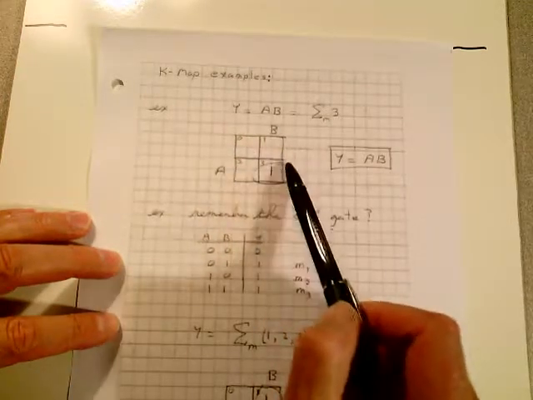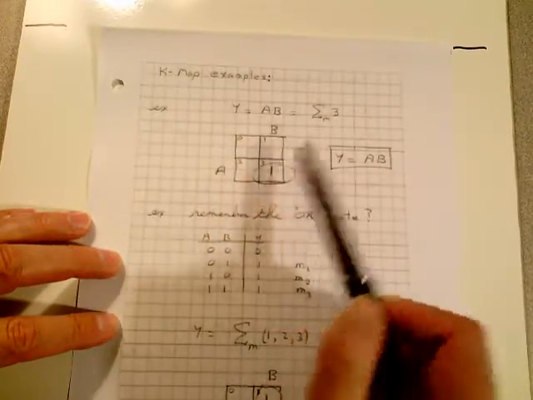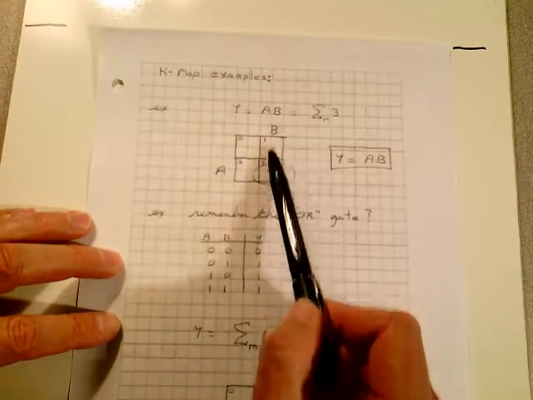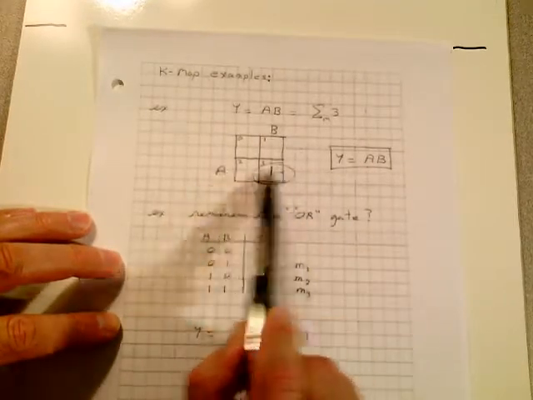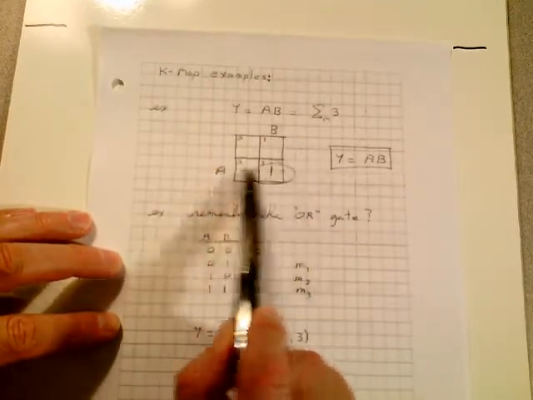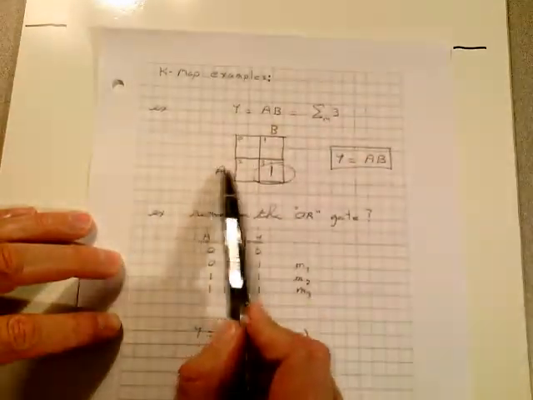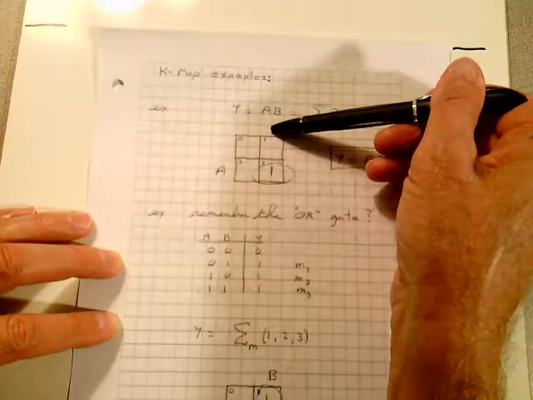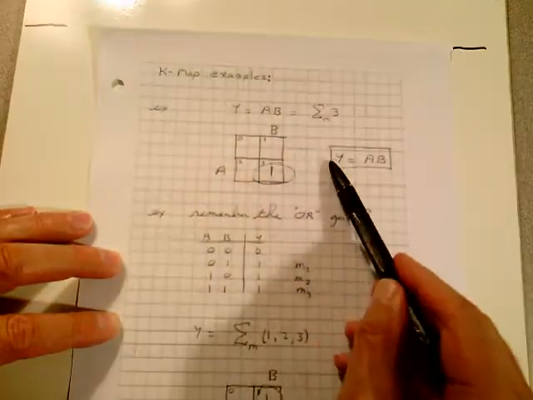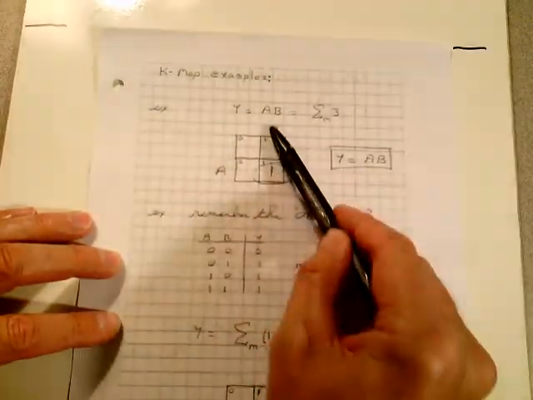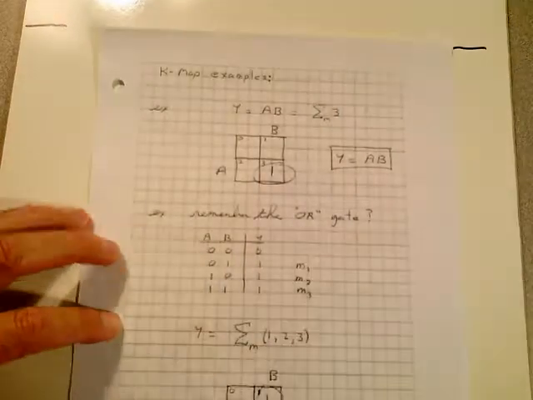The only group you can form is one group. You circle it and you look. It's in A and it's in B. A, don't forget, A are these two, and B are these last two. A is the last row and B is the last column. Y equals AB. It's in A and it's in B.